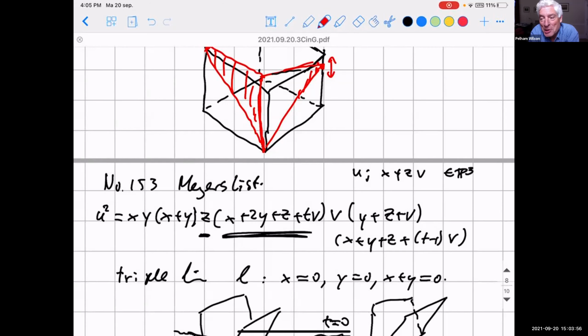Could I ask, when you blow up this line, what happens to the threefold? Does it have nodes? No, if we blow up the smooth line, it becomes smooth. So after one blow-up, the singular threefold just becomes a smooth, rigid threefold.